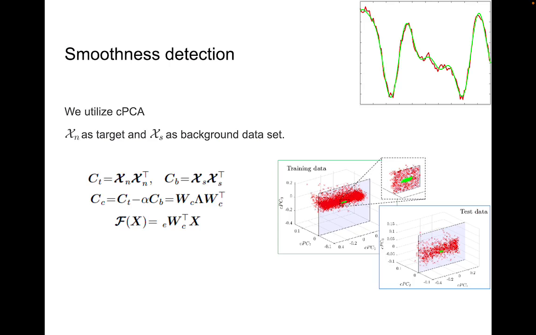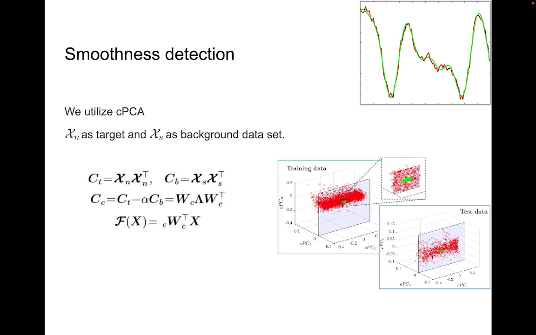Consider we have two huge fabricated datasets containing randomly generated smooth and tremor trajectories, X_S and X_N. These two sets share considerable similarities in terms of main variations, but we are interested in a special attribute in trajectories, which is tremor.